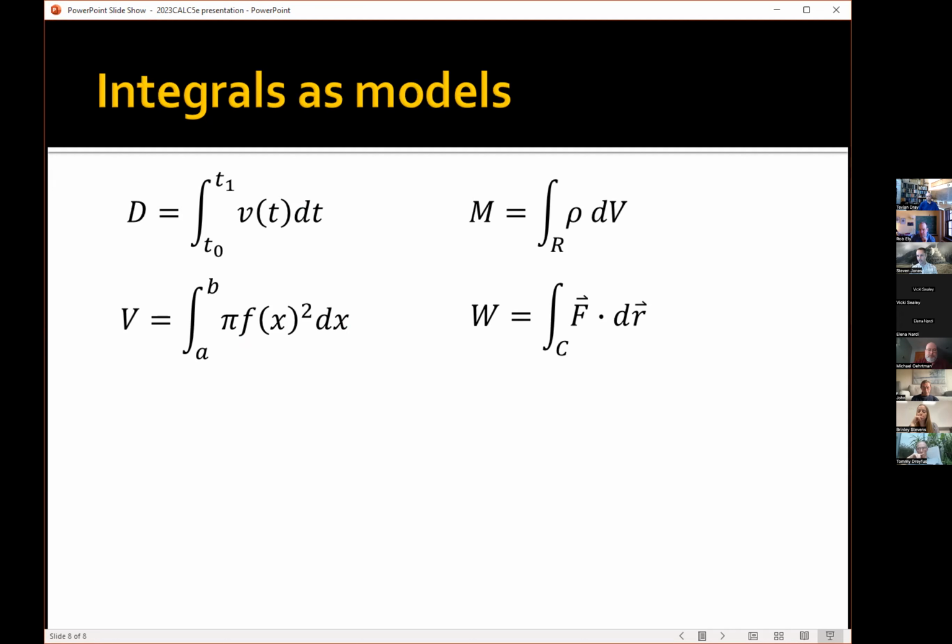Same thing with the line integral. That path C gets partitioned into little tiny dr bits. That dot product within each bit gives you the amount of work over that little bit. The integral sums those little bits of work. So adding up pieces, I think, coheres pretty well with that. Accumulation from rate obviously can extend to these things as well.